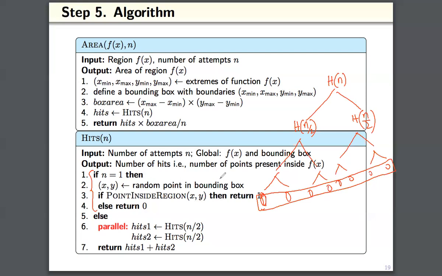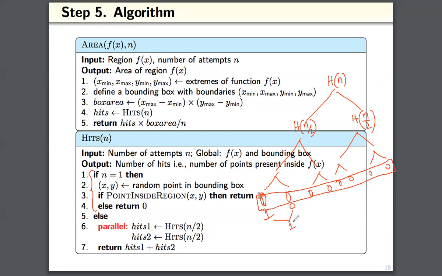You find a random point. If it is inside, you return 1, else you return 0. And then you combine. This might be a hit, this might be a miss. When you return, you add the hits from the first call and the second call.